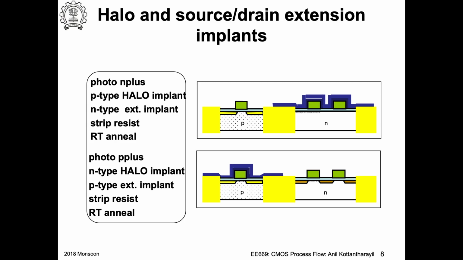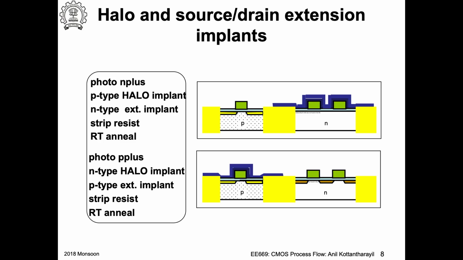So in this process flow that is shown, the last rapid thermal annealing step is seen by both the N-channel and P-channel transistors. See the point? Both the boron implant in the P-channel device as well as the arsenic implant in the N-channel device will see the second rapid thermal annealing step. The first rapid thermal annealing step is seen only by the arsenic implant.